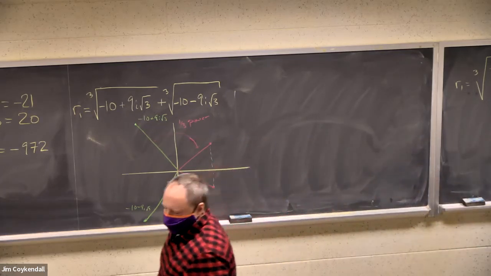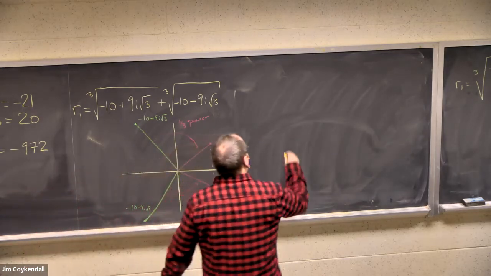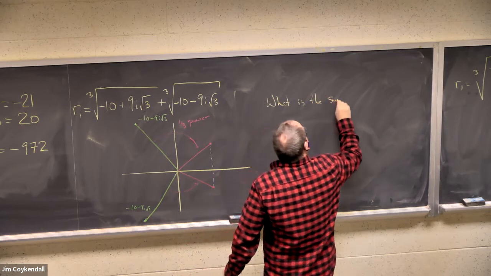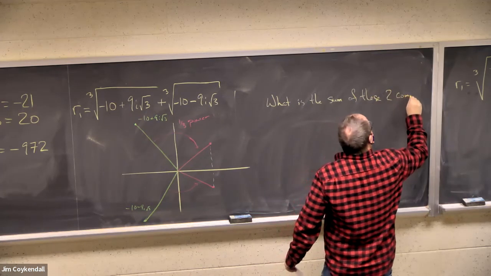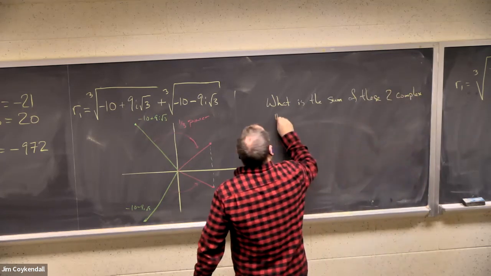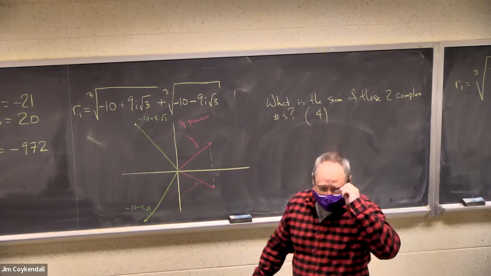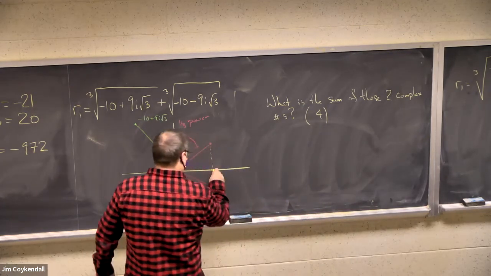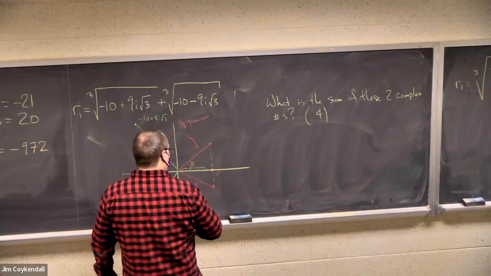And so you can also figure out something here, and that is what is the sum of these two complex numbers? Well, it should be 4. We've kind of figured that out. Let's call this, we call this theta.